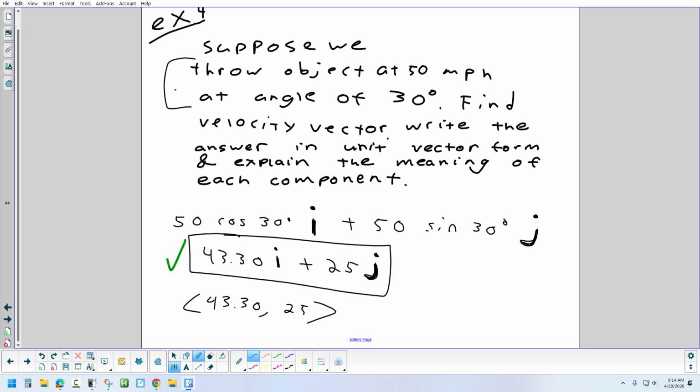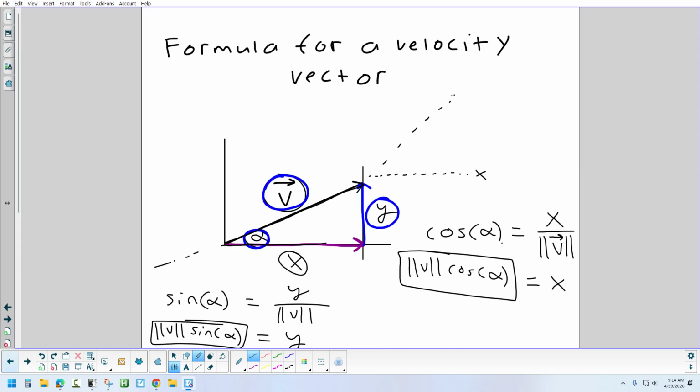Okay? Now, how about the other number? What's the 25? The speed it's going at vertically. So now, same idea. If this object was going 50 miles per hour that way, and you wanted to make sure you stayed at the same height as the object the whole time, if you were in a helicopter going up at 25 miles an hour, you would always be right next to the object.